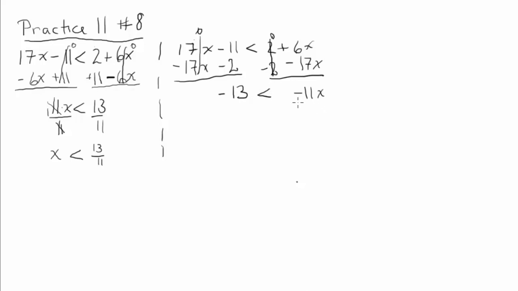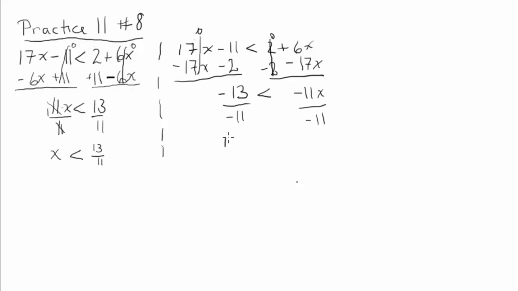So now I have to divide by the coefficient on x, which in this case is negative 11. So here's the trick, and this is the complication that shows up for inequalities that does not show up for equations. When you divide or multiply, in this case dividing, by a negative number, the inequality symbol changes direction.